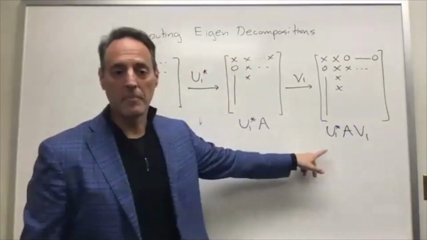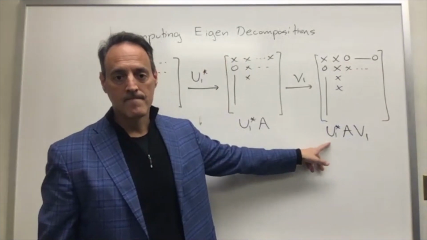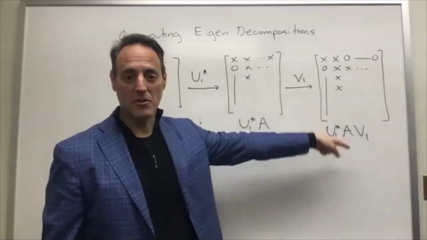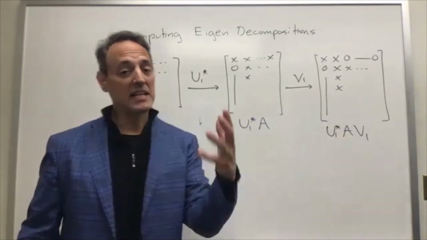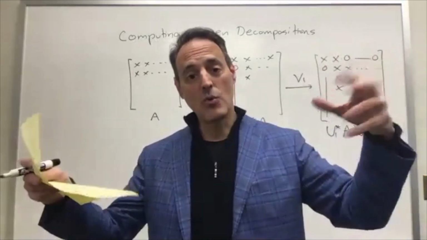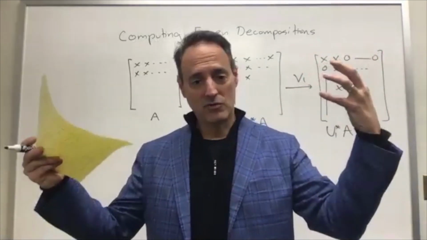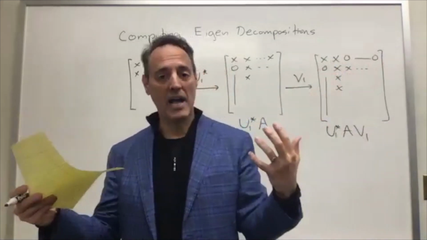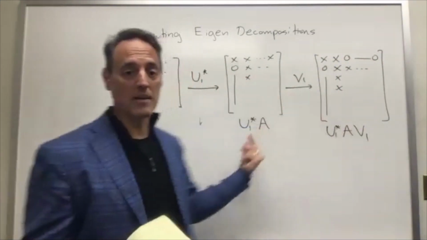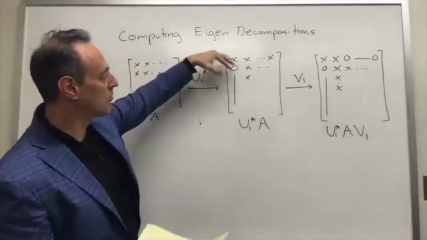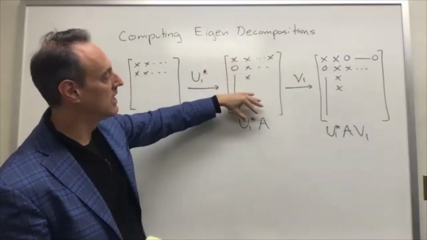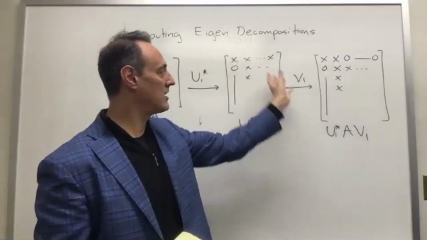Is it starting to look familiar to you? Multiply on the left by one set of unitary transformations, on the right by another set. This is the heart of the SVD. You can use two unitary transformations, one on each side, two coordinate systems, to do this reduction. And you see I'm starting to do it: removing elements down here, trying to make these zeros, and then using the V to remove things up here.